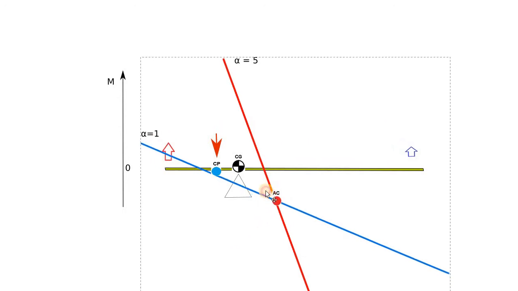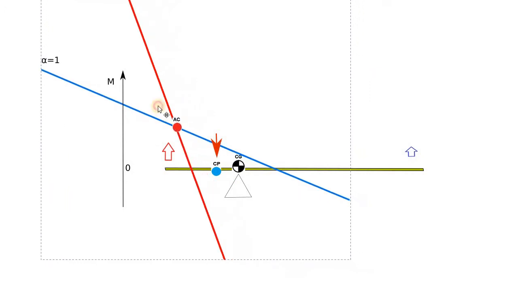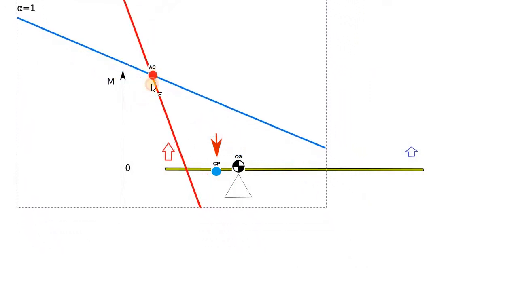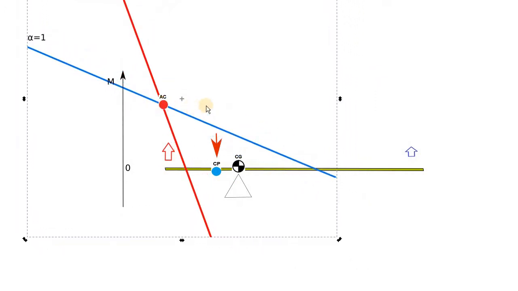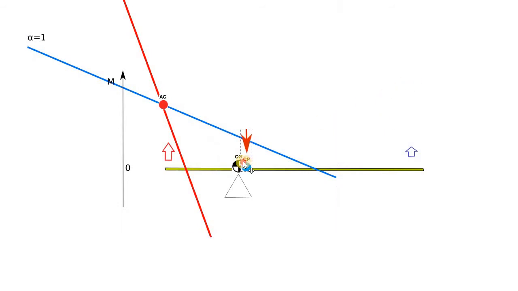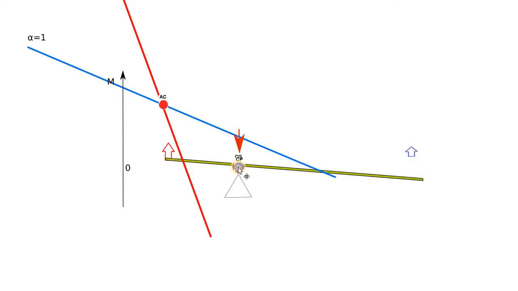So let's say we have this distribution of moments. In that case, we have the opposite effect. Once again, if we have some pitch up perturbation, the center of pressure is moving because we have high alpha, so the center of pressure moves to the high alphas.